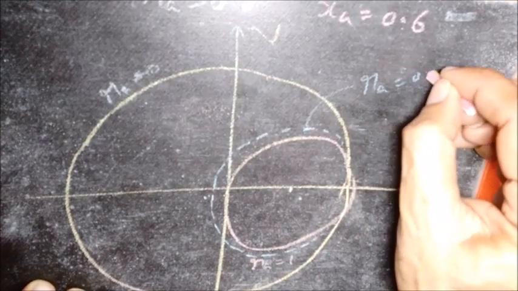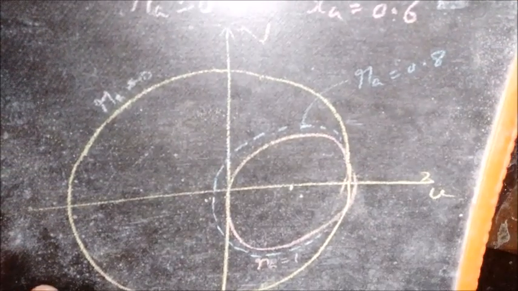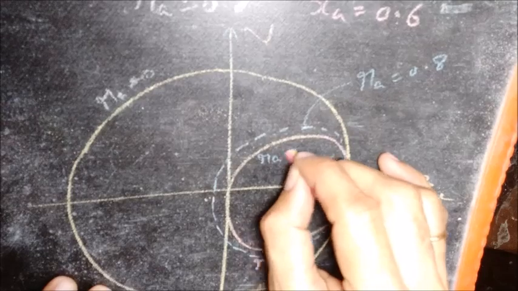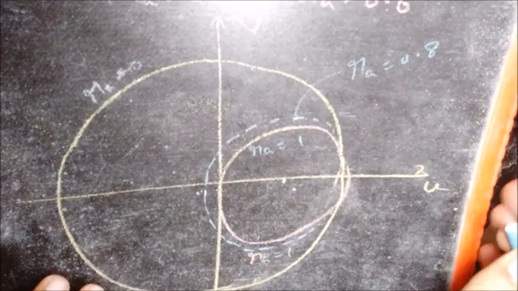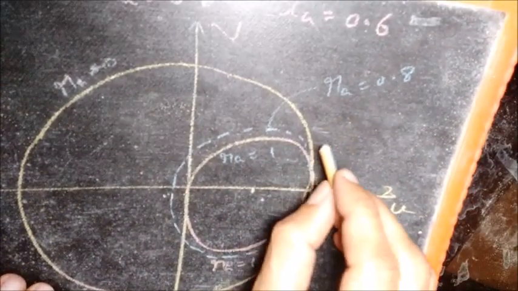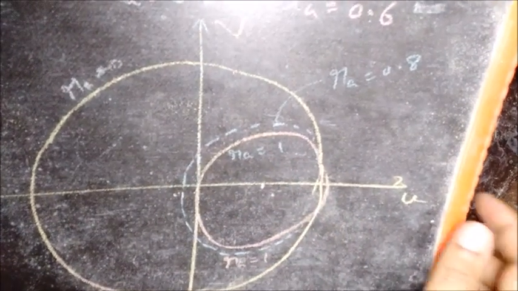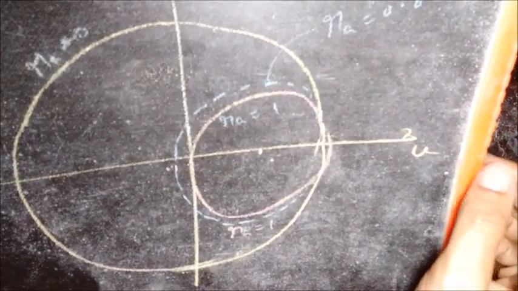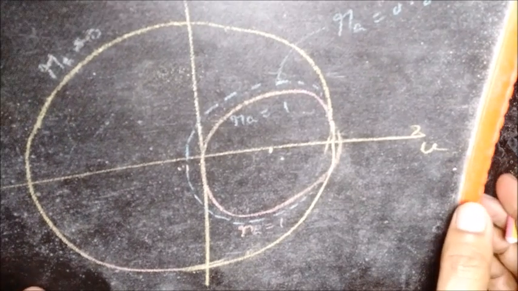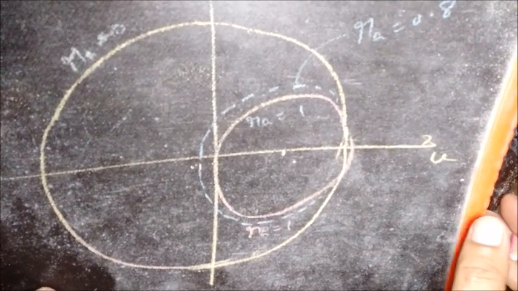And of course, if I had RA equal to 0.7, it would be somewhere here. Of course, not to scale. It's just a rough sketch, which again captures the features.